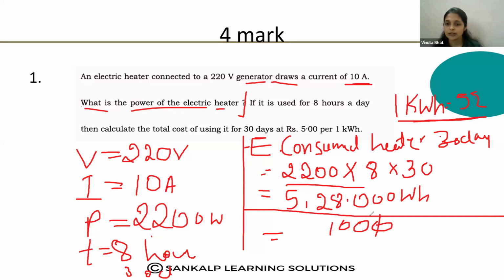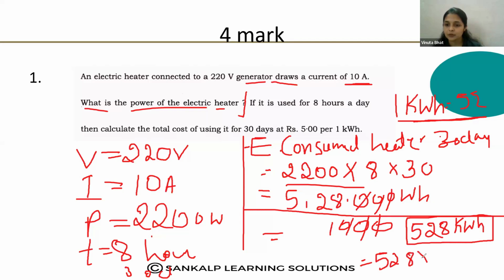When you divide it by 1000, 3 zeros get cancelled and it becomes 528 kilowatt hour. Then, what is the cost? 528 into 5 rupees. Just multiply this.